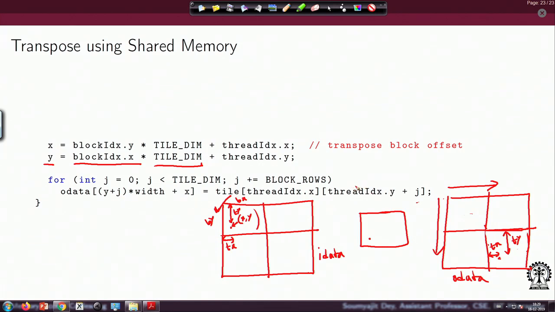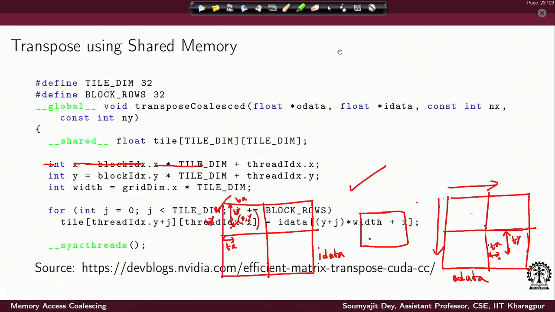Observe this expression very carefully. Here, when I am reading from the tile, I am just flipping the position of thread ID X and thread ID Y. If you see our original code, this is our usual access expression from the input data, right? Of course, you have the Y, that is the row number, multiplied by width plus X. And of course, you are writing to the two-dimensional tile, so thread ID Y is there, and then you have the X for the column.